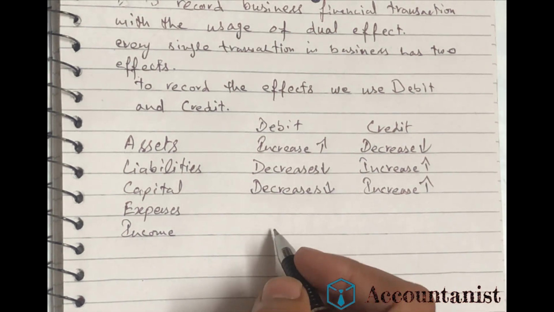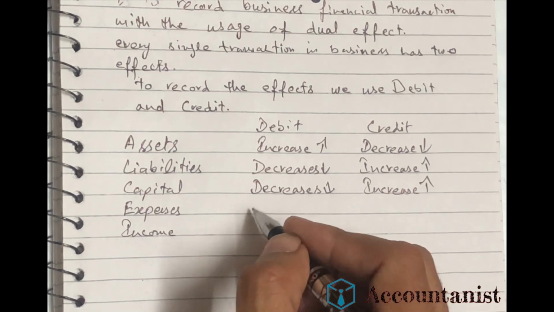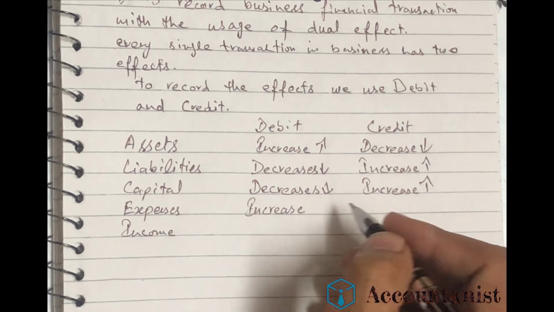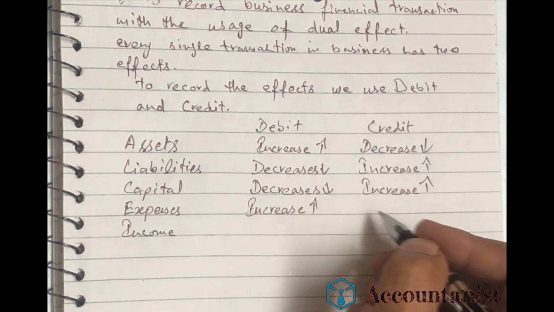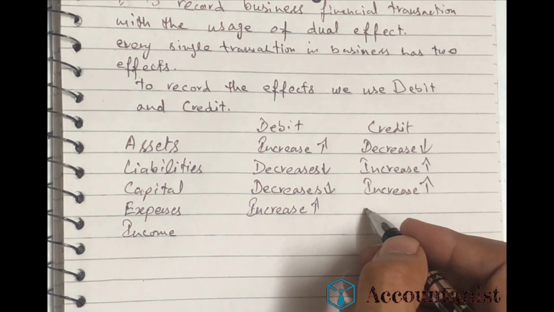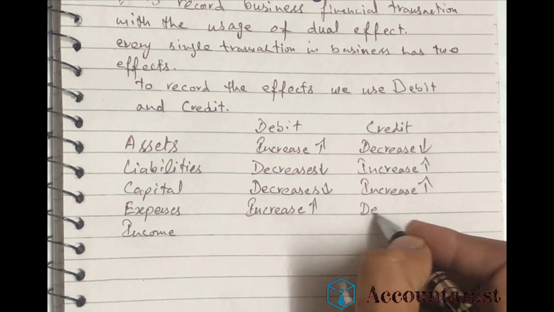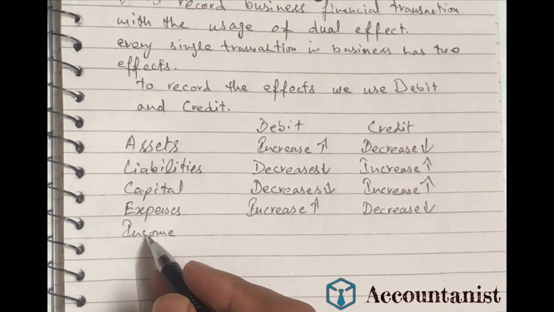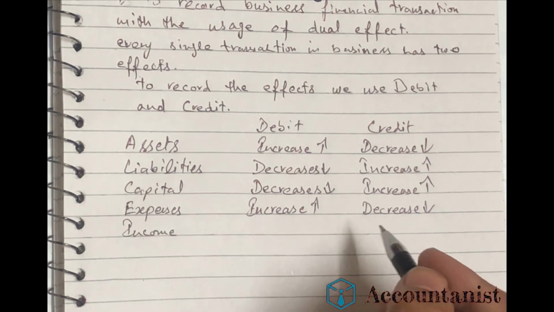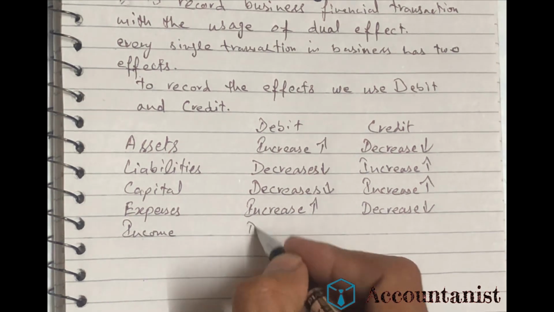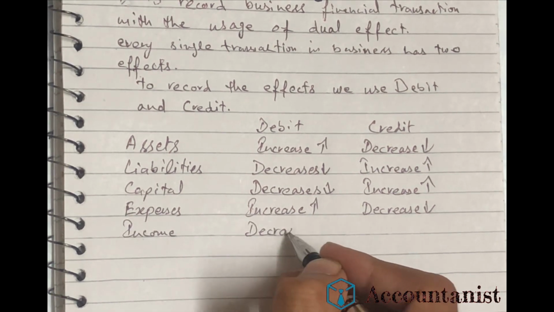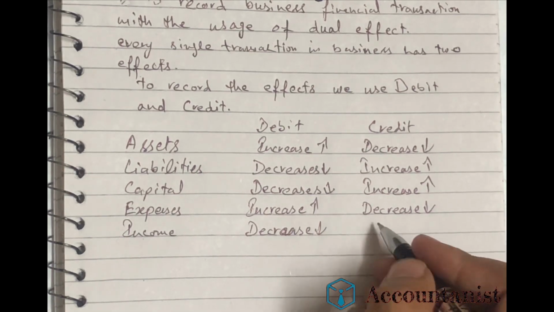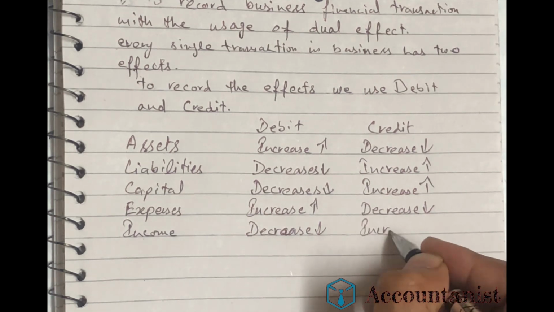Expenses are similar to the assets, so we record on a debit side once the balance goes up, and on a credit side once the balance goes down. Income, the last element, is similar to the liabilities and the capital, so we record on a debit side once its balance decreases, and on a credit side when it increases.